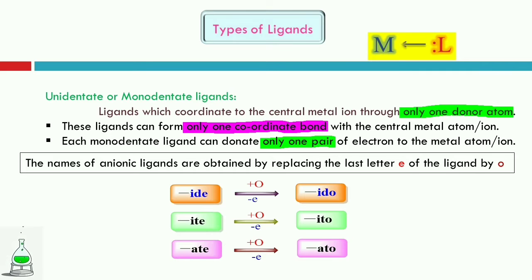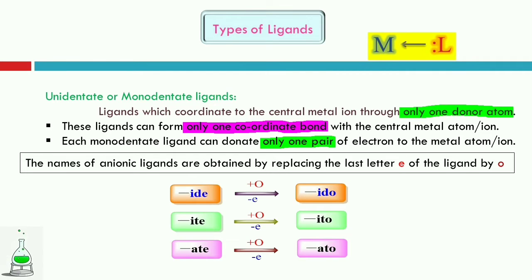So the names of certain anionic ligands are obtained by replacing the last letter E of the ligand by O. For example, if the ligand is ending with a suffix IDE, then the name of that anionic ligand is obtained by replacing the E of the IDE with O in order to get IDO.